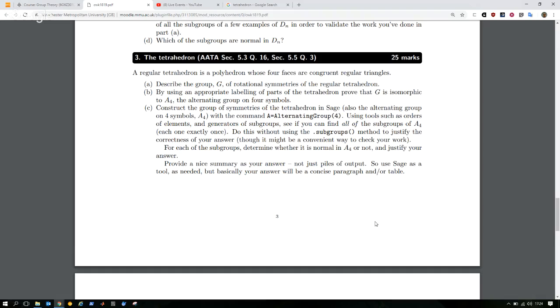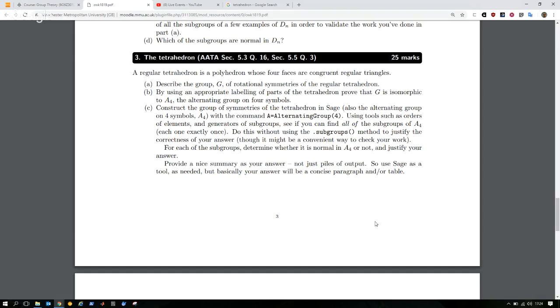If you can do it without using SAGE whatsoever, I think that's also fine. So it's open to SAGE. But what it does not want you to do is to justify that this is all the subgroups by just using the subgroups command.